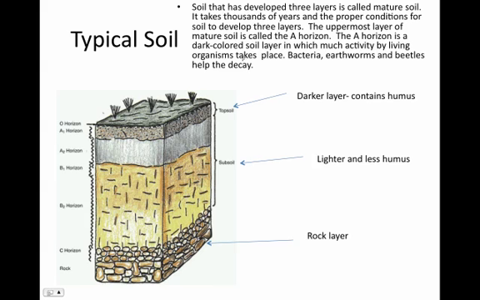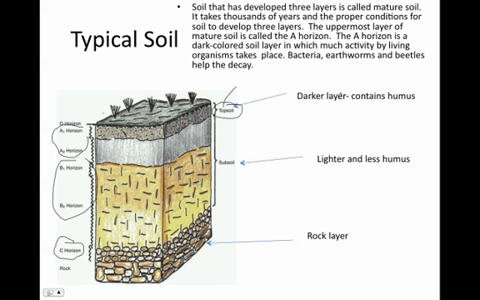Here's a typical soil profile, and there are several layers that we need to consider. They're called soil horizons. There's horizon A, horizon B, and then at the very bottom is C, and below that is rock. Topsoil makes up most of horizon A, and topsoil is very healthy soil.